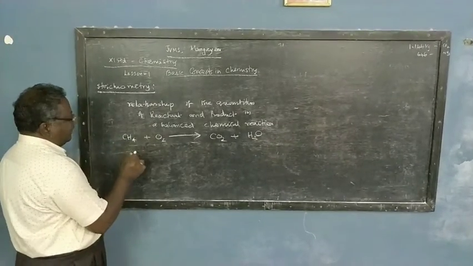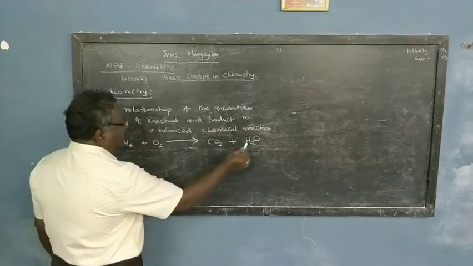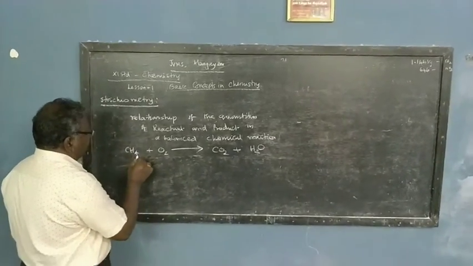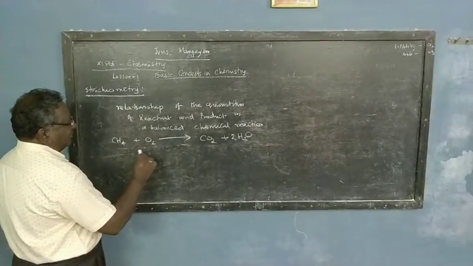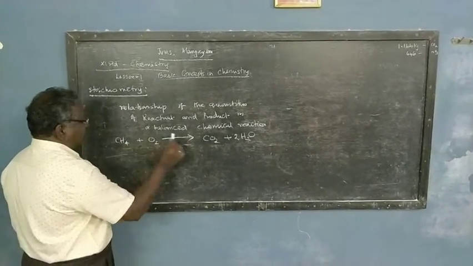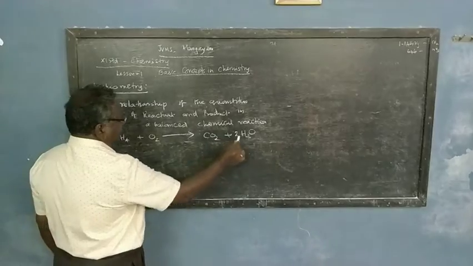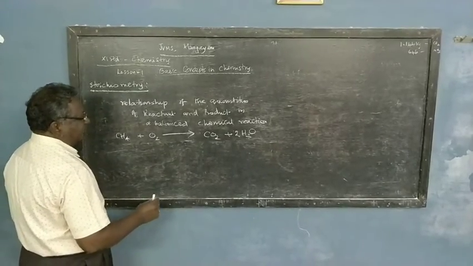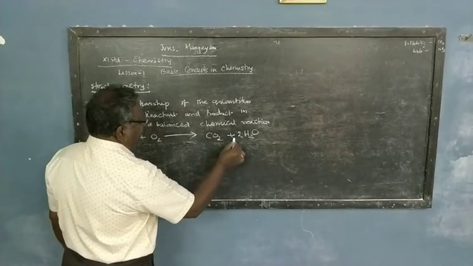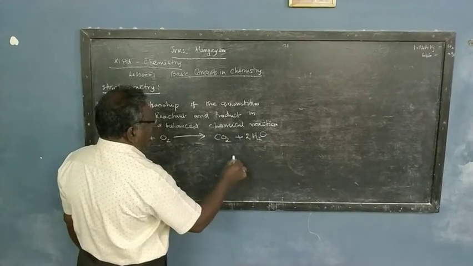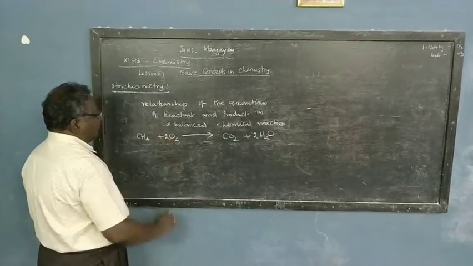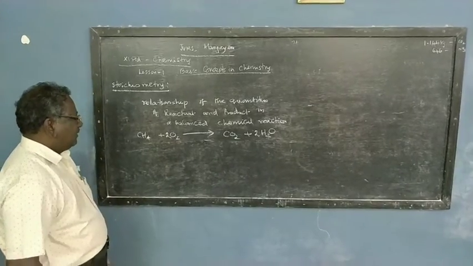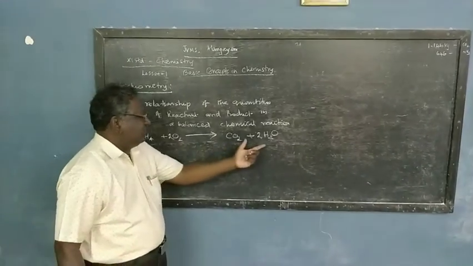There are 4 hydrogen here and there are 2 hydrogen here. Therefore, to make it 4, we will multiply this by 2. Carbon 1, carbon 1. So carbon is balanced, hydrogen is balanced. Now we go to oxygen. It is 2 oxygen here, 2 into 1, 2 oxygen. So 2 plus 2, 4. To make it 4, we multiply this by 2. So this is called a balanced equation.